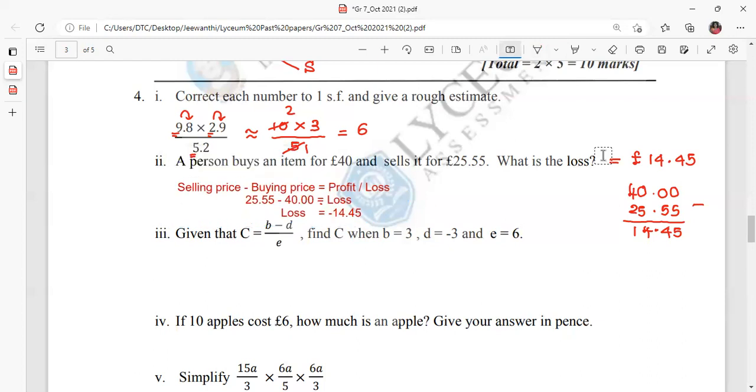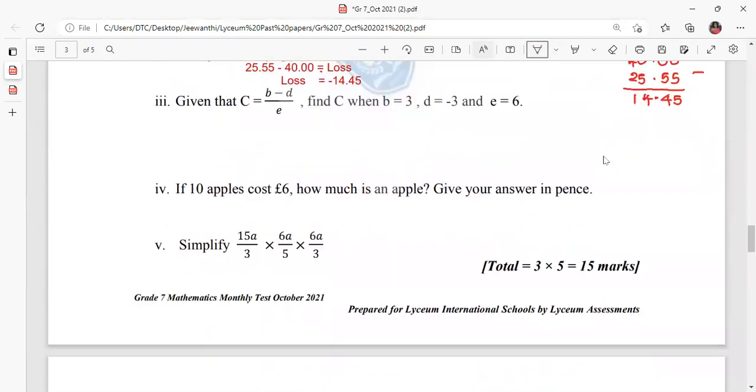So the next one, they have given the values of B, C, D, and we want to find the value of C. How do you do that, children? You substitute the values. B here is 3.